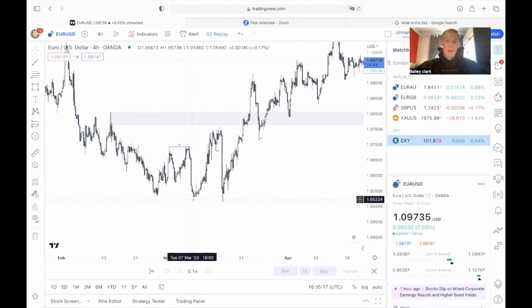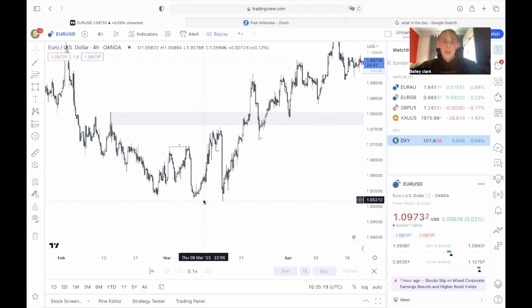You could also say it broke this level of structure as well, depending on whether you use body closures below or wicks below. If you use wicks below, then this would have been a break of structure for you.